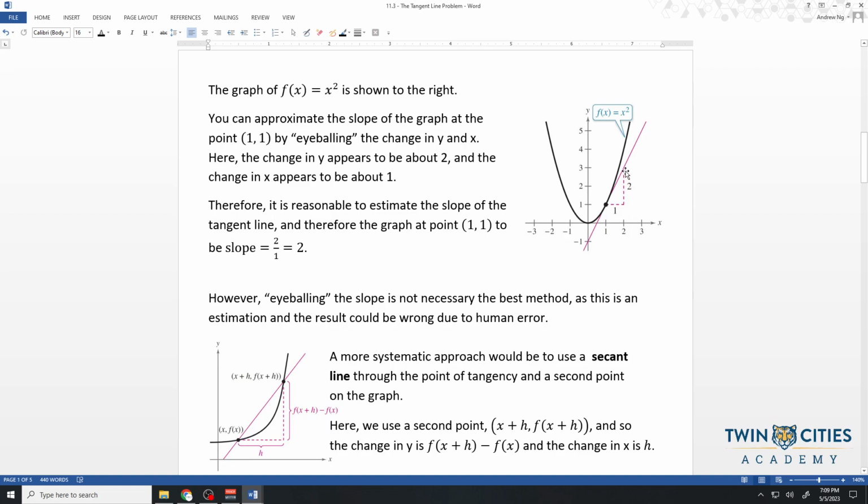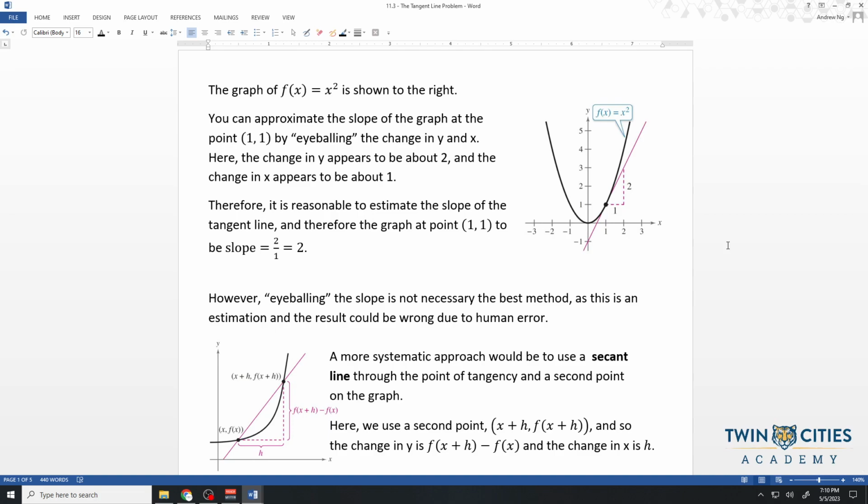So for example, I've got a point right here that's about 2, 3. Well, that point is 2 units up and 1 unit to the right of the point that's actually on my graph. So 2 over 1 would be a slope of 2. But that's just me using my eyes and trying to figure out my best guess.